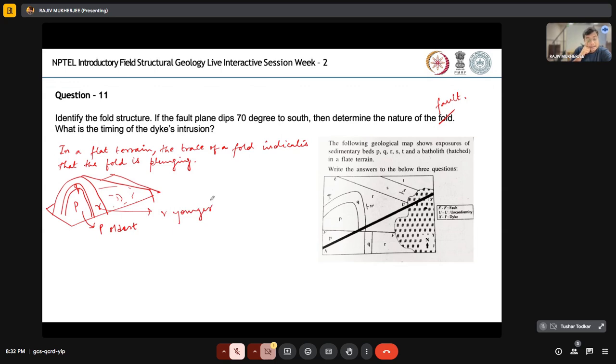So by the type of fold, if I have to understand what is the type of the fold, it is plunging, and it is definitely an antiform, and most likely an anticline.